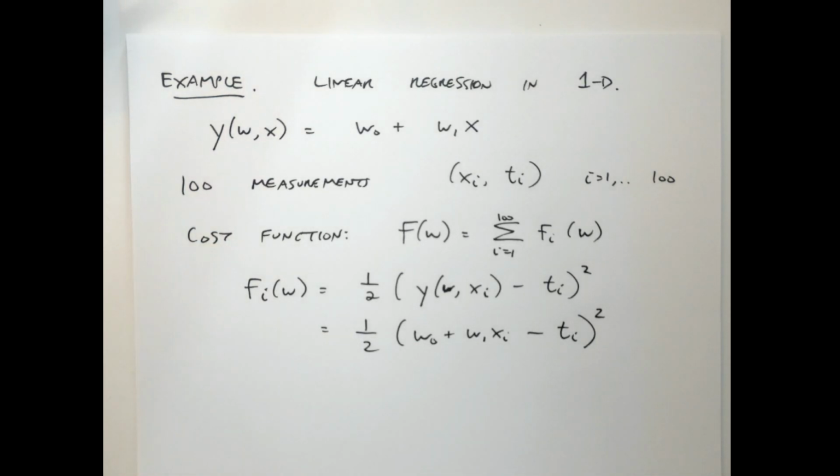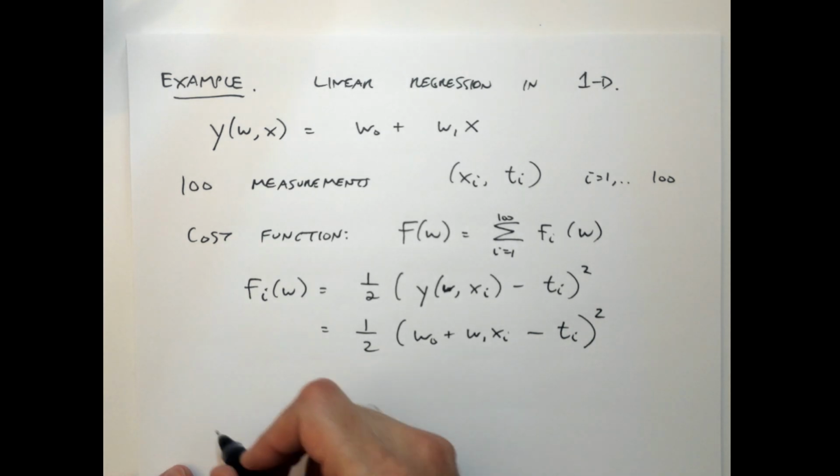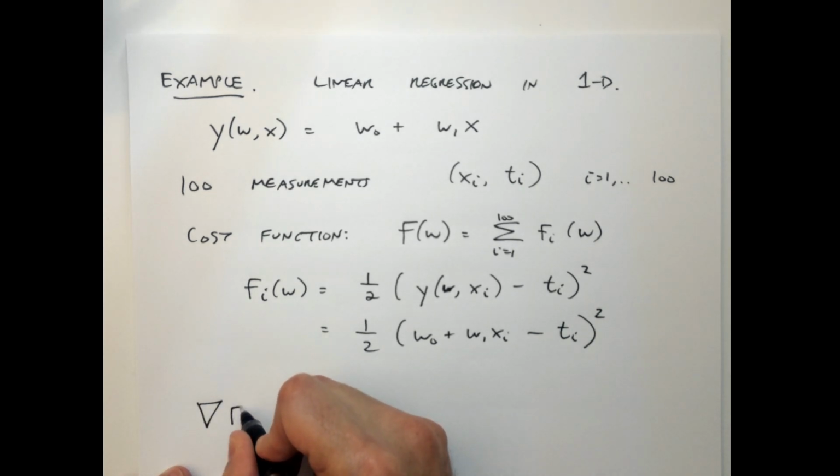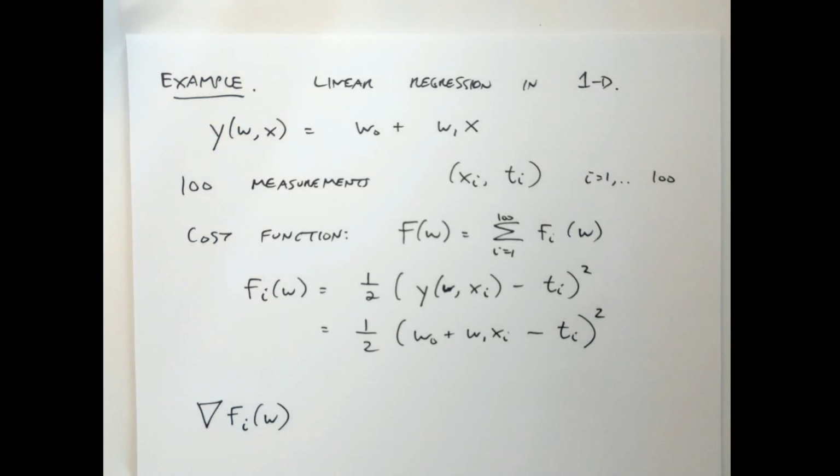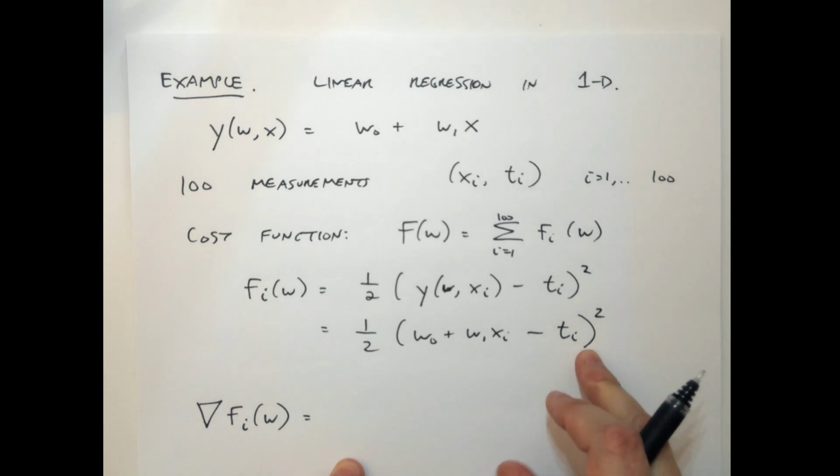Okay? So the first question that we're going to need is, what is the gradient of this? The gradient is going to be a 2-vector because I have 2 parameters, W0 and W1. Well, how do I take the gradient of a function? Suppose I'm doing this with respect to W0. Well, this is a chain rule thing.